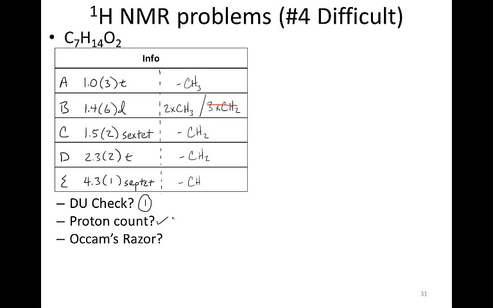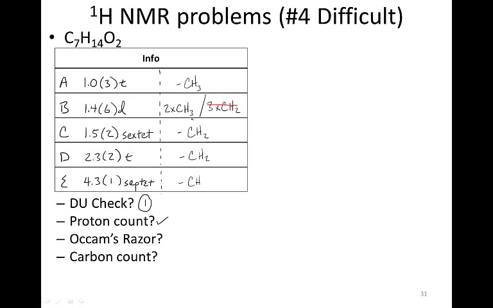So the next thing that you want to do is check your carbon count. After we've hypothesized likely carbon-hydrogen frameworks, we want to make sure that we're not leaving anything out. So if we go down the line, we've explained 1, 2, 3, 4, 5, 6 carbons. And if you look back up at your formula, we have 7 carbons that are actually in the molecule. So at this point, it might seem like our initial hypothesis was wrong, and we might actually have 3 CH2s, which is a possibility.